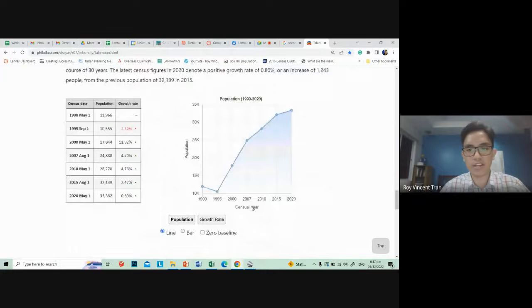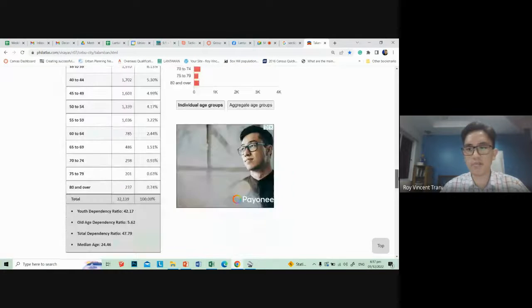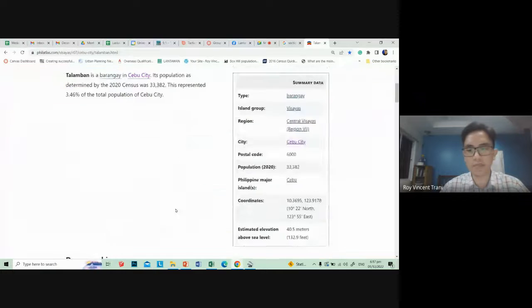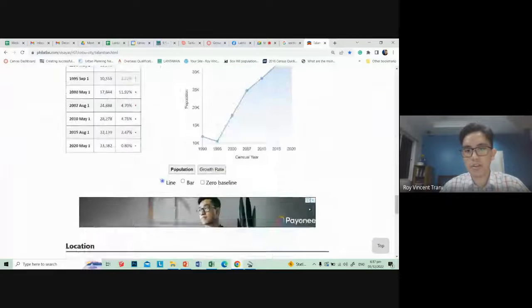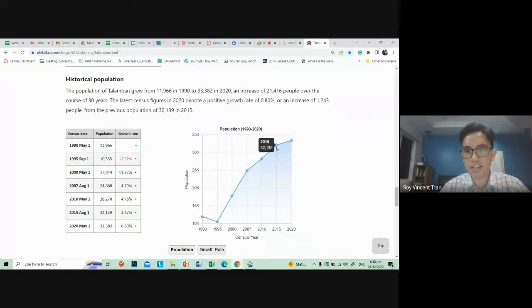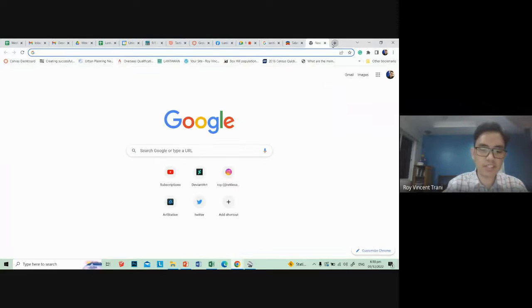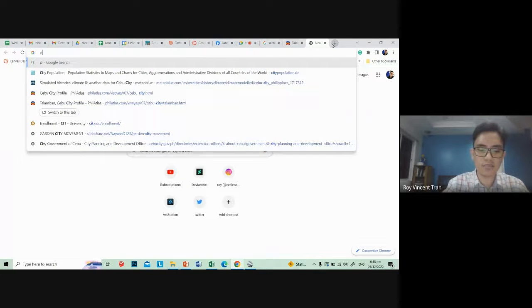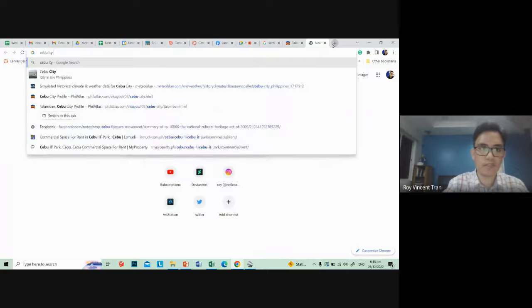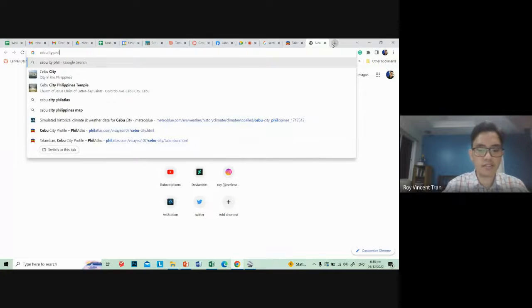Very easily, this is population data for Talamban. The population is increasing, with a positive trend of 0.8%. Then we compare it with the city data, Cebu City, from Phil Atlas.